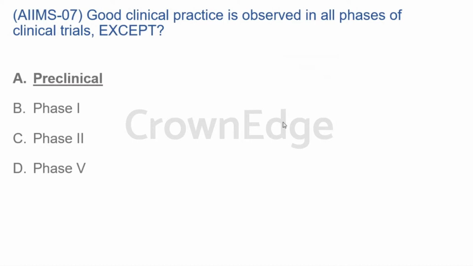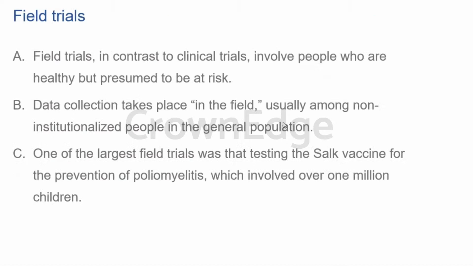Any phase that includes a human subject or an animal subject or a living subject, any clinical trial that involves a living organism, the good clinical practice guidelines have to be followed. Only in the preclinical trials is this criterion not met.